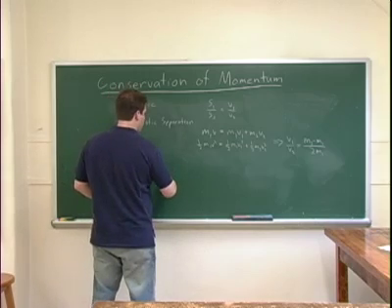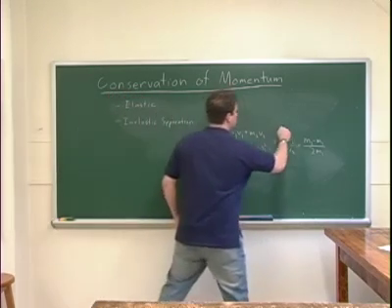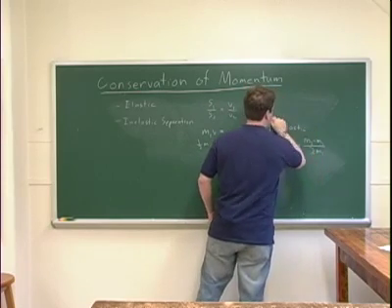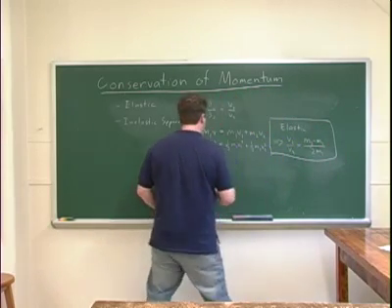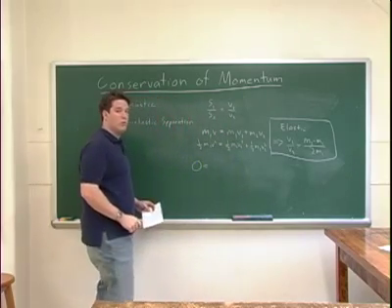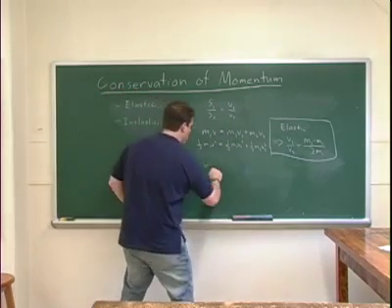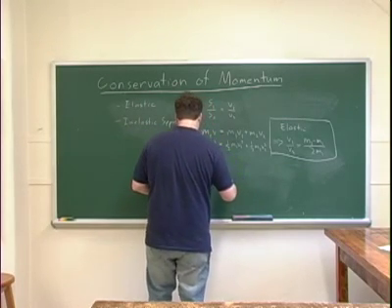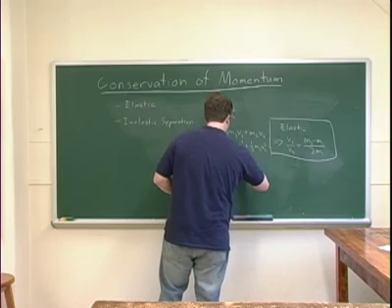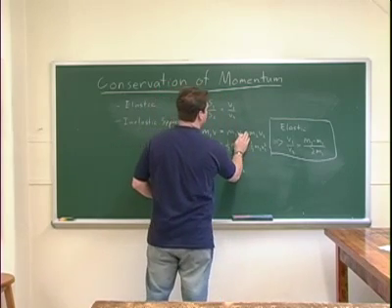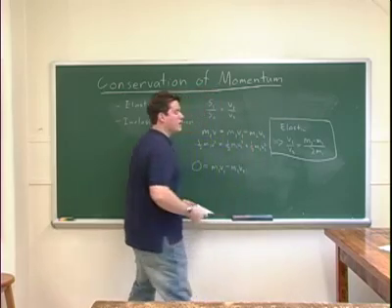So, for the inelastic case, it should be noted that the previous equation was for the elastic collision. For the inelastic case, we'll start off with zero initial momentum. The final momentum will simply be m1 v1 minus m2 v2. And I actually made a mistake in this equation. This should be a minus sign.